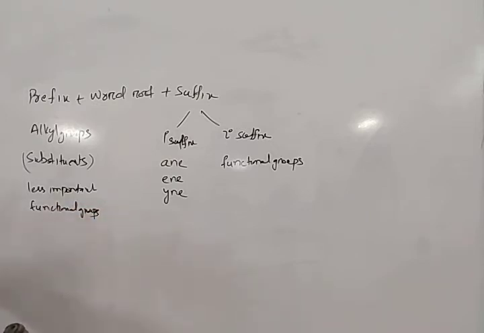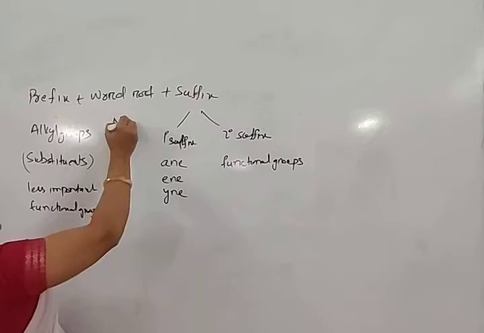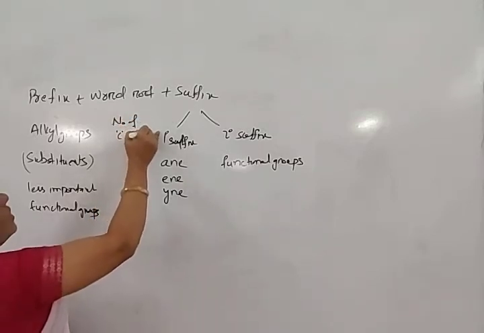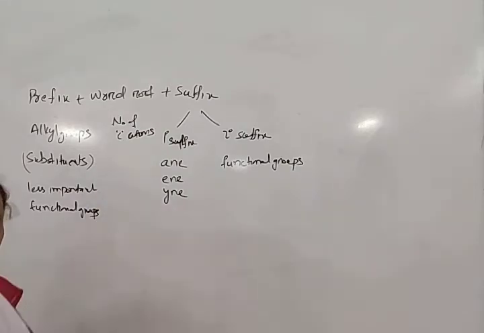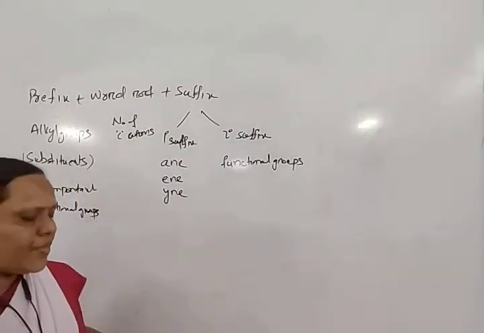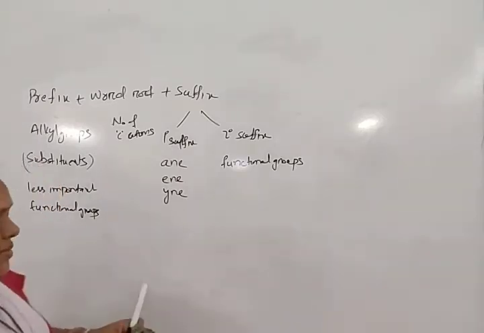Okay, so these are your prefixes. Then the word root represents the number of carbon atoms, the number of continuous carbon atoms, the continuous chain of carbon atoms. So this is the general part of IUPAC nomenclature.